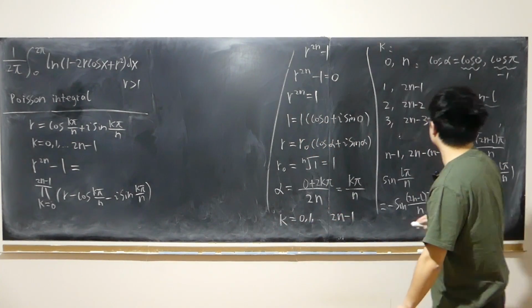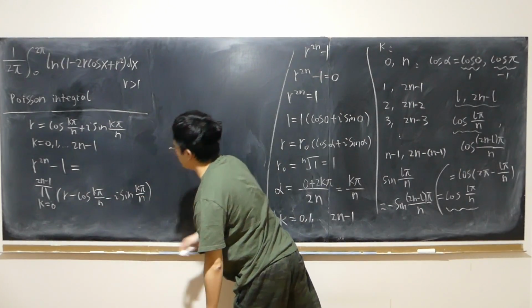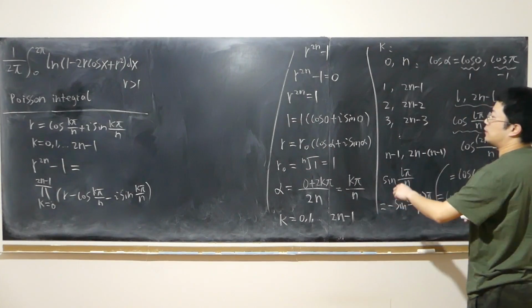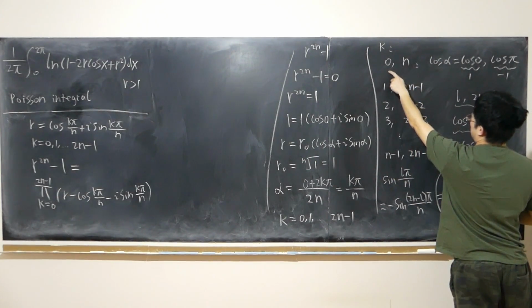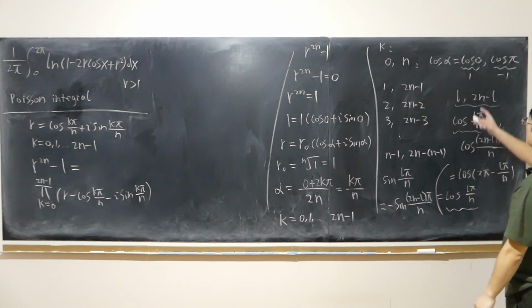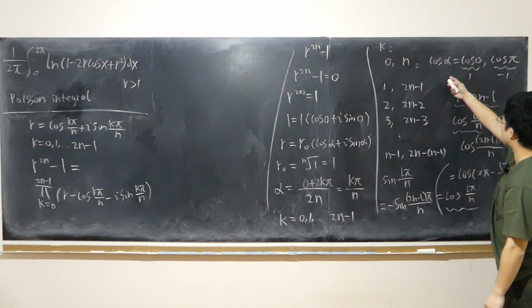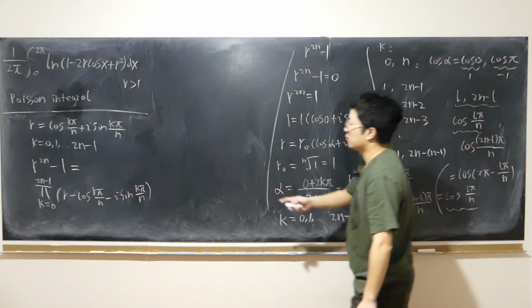Now, like I said, I'm going to separate this finite product into different parts. First, I'm going to isolate this part when k is equal to 0 and n, because respectively, cosine 0, cosine pi give 1, negative 1. Just substitute to that.